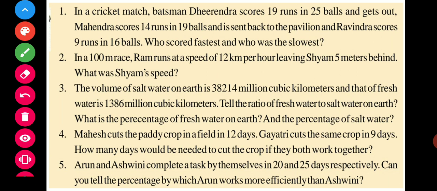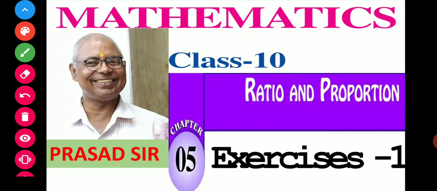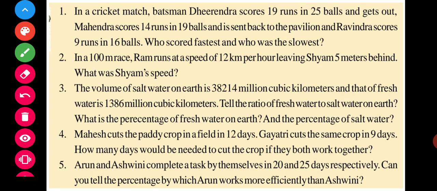Now come to the second case. What happened in the second case? In a 100-meter race, Ram runs at a speed of 12 km per hour, leaving Shyam 5 meters behind. What was Shyam's speed?